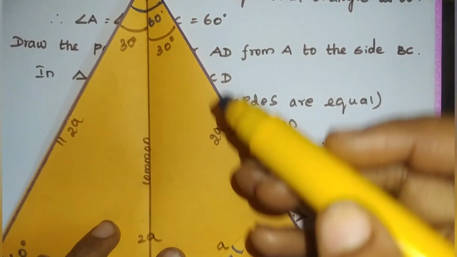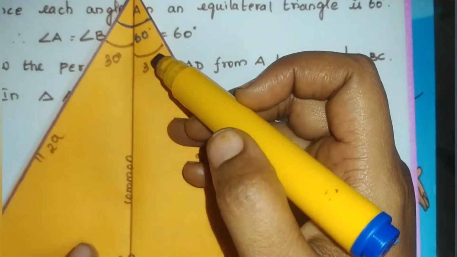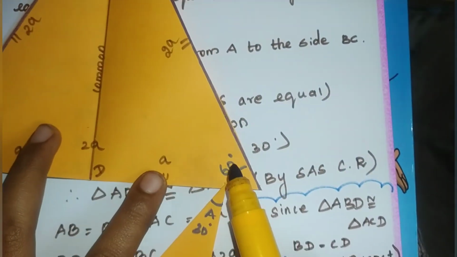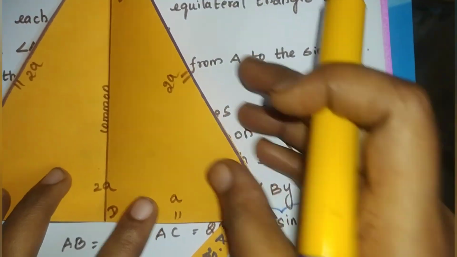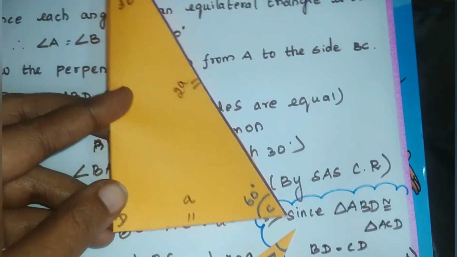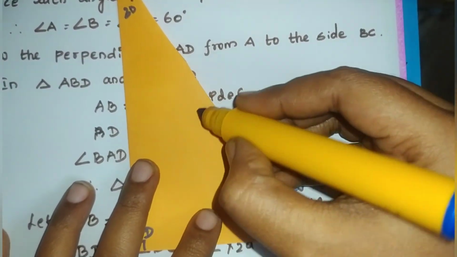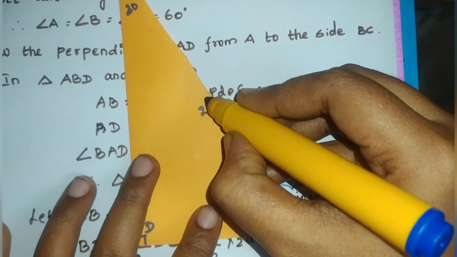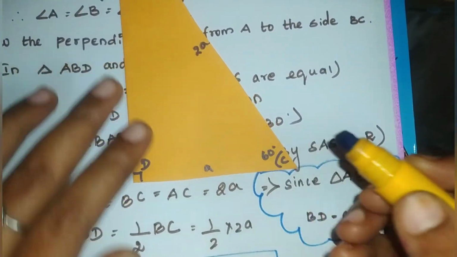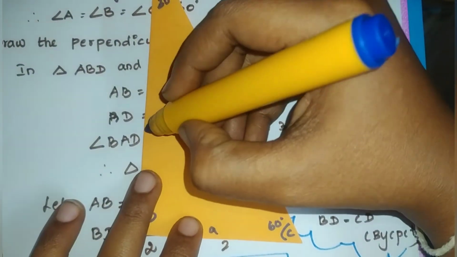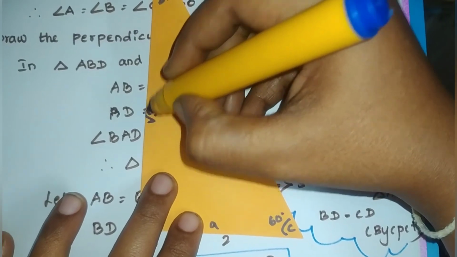Next, we have to find the trigonometric ratios of 60 degree. For that, I am going to take the other half of our triangle. This is that triangle. We know this side is 2A and this is A. Just now we found that AD is root 3A.